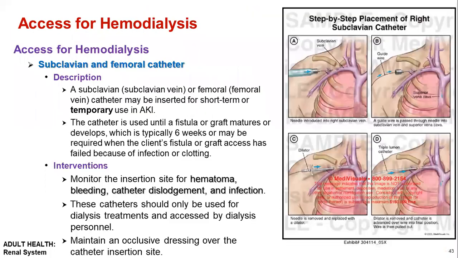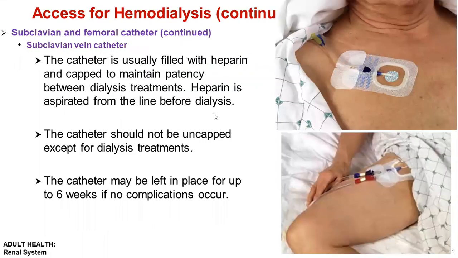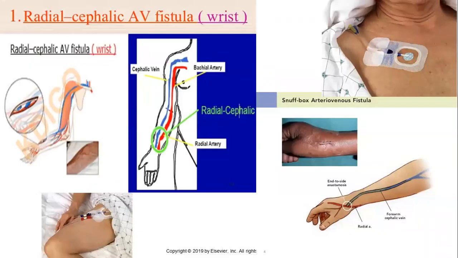So here we are going to talk about the subclavian and femoral catheter. But before we go to the subclavian and femoral catheter, I could tell you something. So this is the picture.